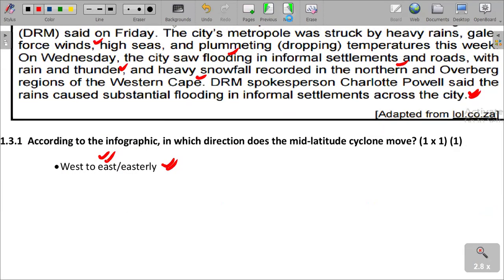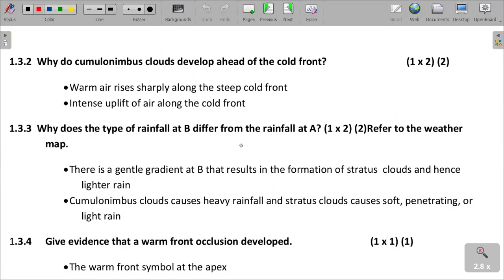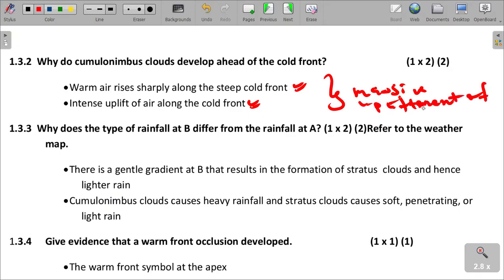And then the next question is saying, why do cumulonimbus clouds develop ahead of the cold front? Warm air rises sharply along the steep cold front. The sharp ascension of warm air and intense upliftment of the air along the cold front results in massive upliftment of warm air.